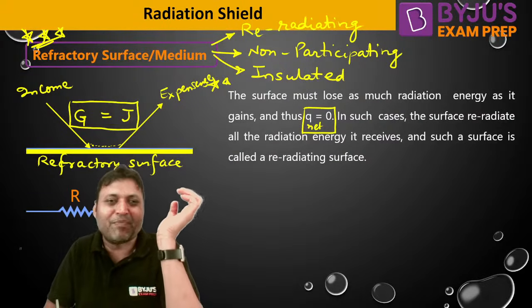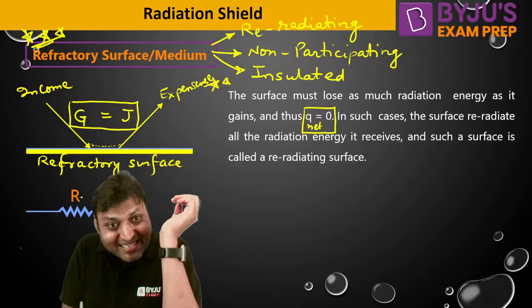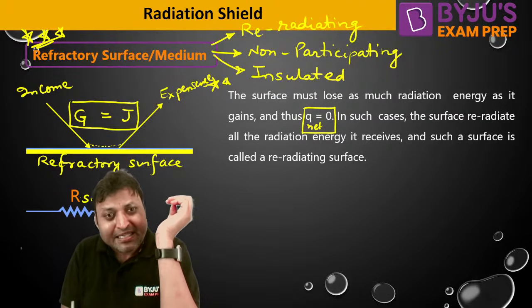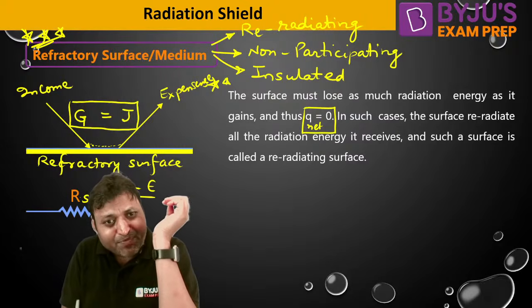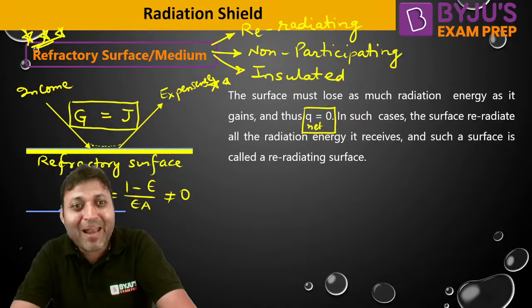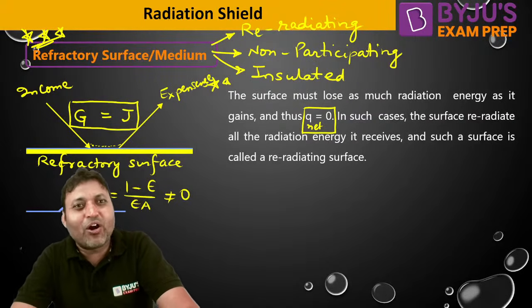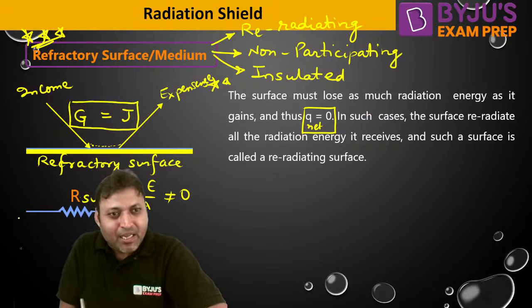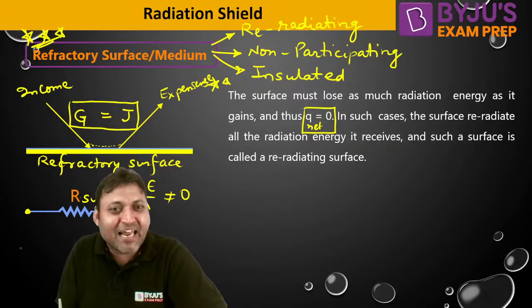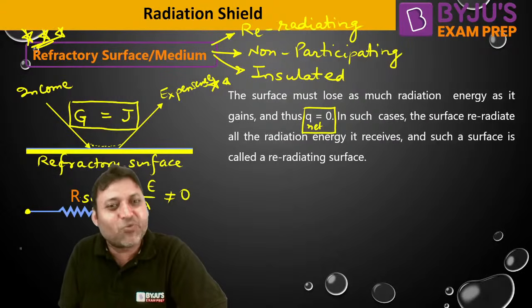It is not participating. But what about the surface resistance for this? Surface resistance is (1 minus epsilon) upon epsilon A. That is non-zero. There is a difference between a refractory surface and a black body. Surface resistance is non-zero because neither epsilon is equal to 1 nor is the area very large.